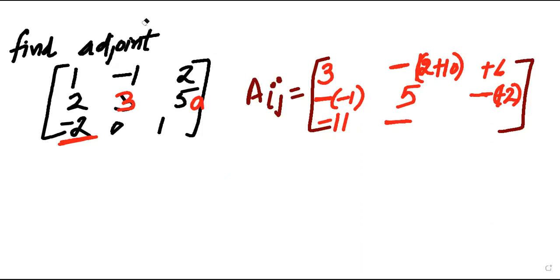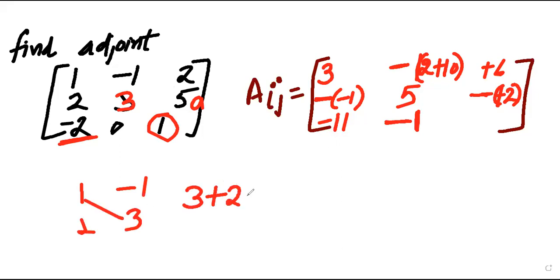What will be the value for 0? It is 1. Yes, the answer is here 1. Then -1 will come. For 1, we remove this row and column, leaving 1, -1, 2 and 3. So it will come 3 minus plus 2, that is equal to 5.